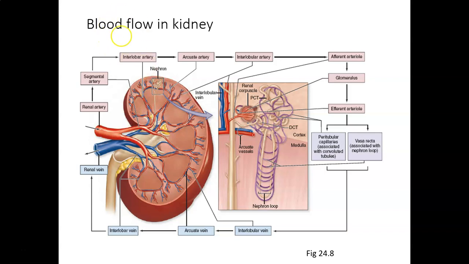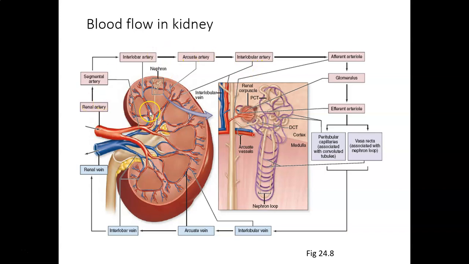So we are only going to focus on the artery for the most part, because the one right next to it will be the vein. They share a similar name. So we start from the renal artery, and it branches into a couple of big segmental arteries. This order you need to memorize, right?